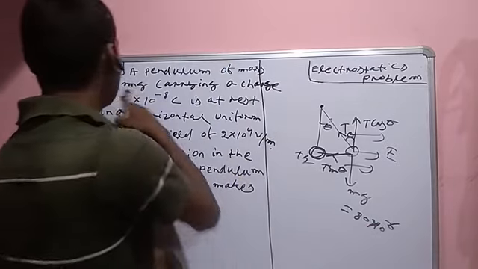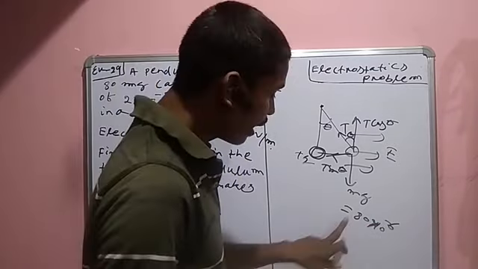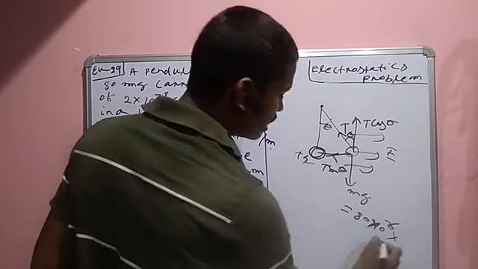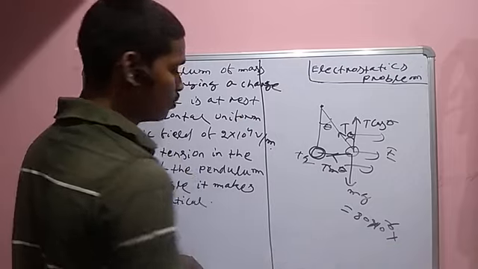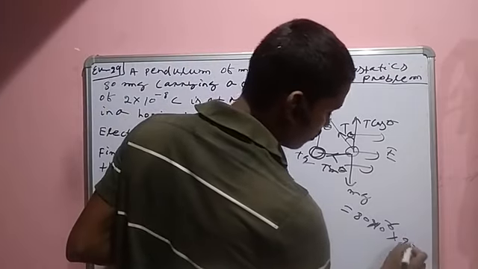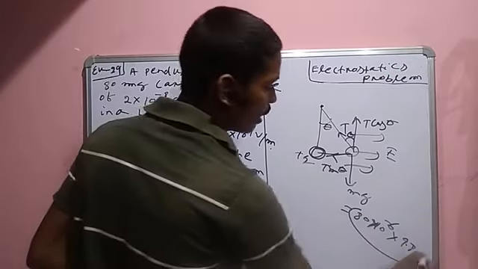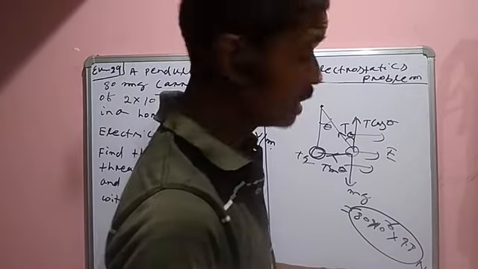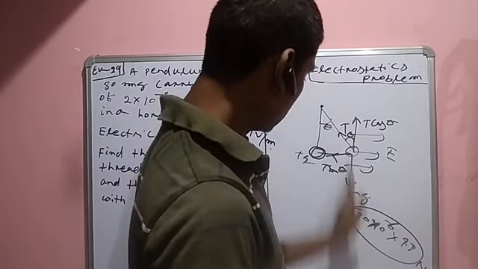That means 80 mg is 80 into 10 to the power minus 6 kg, multiplied by g, where the value of g is 9.8. This is the weight, the unit is Newton. So mg is in this direction.